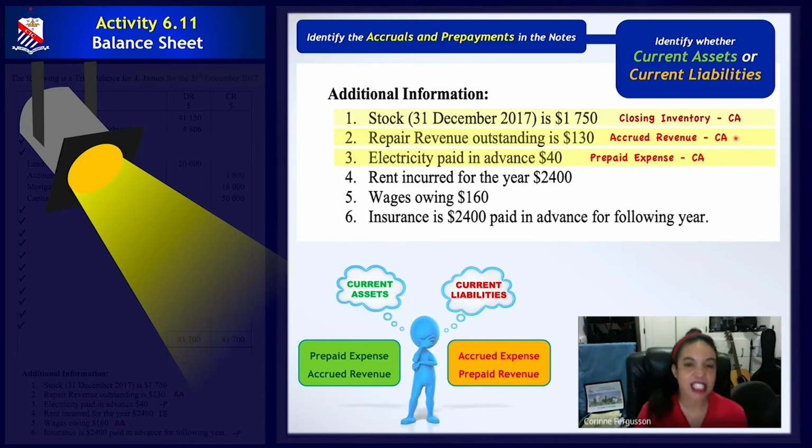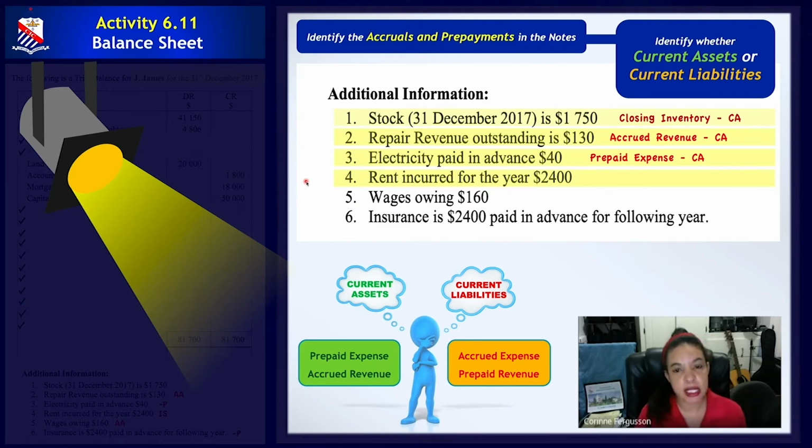This one, once again, is unique. It did not give you the accrual or prepayment. This actually gave you the incurred amount which went into our income statement. So to find out what the accrual or prepayment is, we didn't have to do calculations for the income statement, but we have to now do the calculations for the balance sheet.